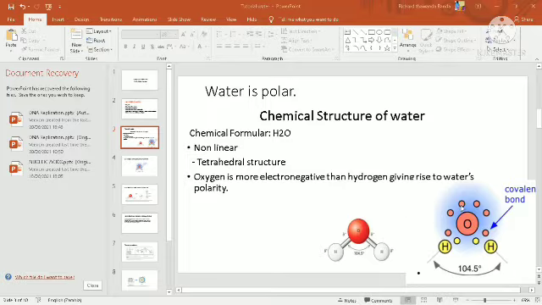So as a result of this, what will develop is that you have partial negative charges on the oxygen and you have partial positive charges on the hydrogen.